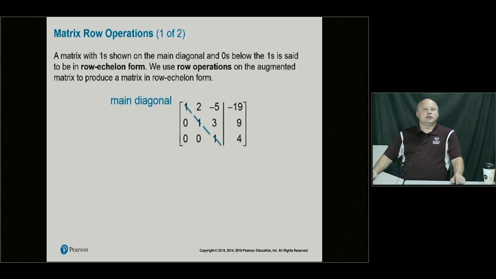Then you use those two knowns to solve for the original x in the original equation. So that's why row echelon form is important: if we can get it in that form, then we get the ability to solve for the 3 variables. All right, so yes, this matrix is in row echelon form.